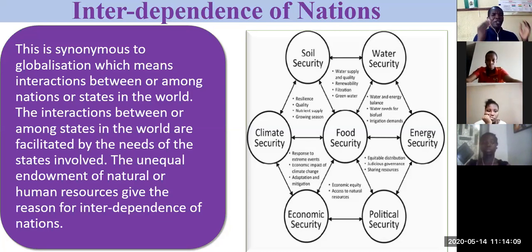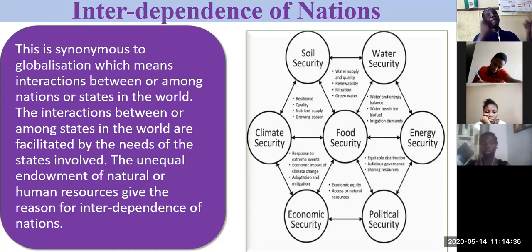You see, Nigeria will relate with Ghana because of certain things that Ghana possesses and Nigeria does not have. Nigeria will relate with China because China is technologically inclined while Nigeria is technologically crawling. And in order to satisfy the technological need of Nigeria, there's need for Nigeria to interact with China.